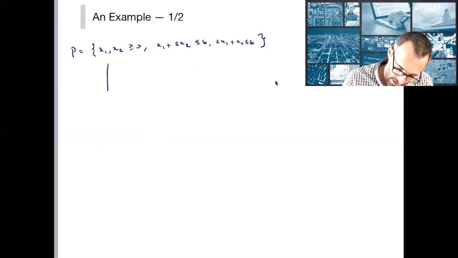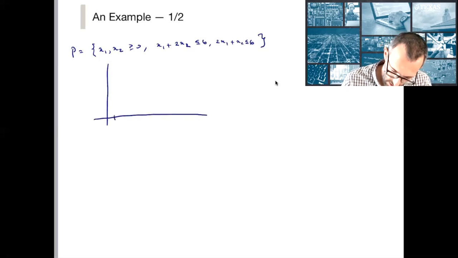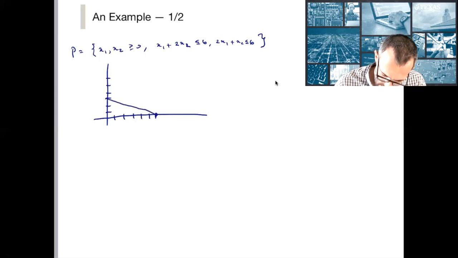And just drawing this out again, this is 1, 2, 3, 4, 5, 6, 2, 3, 4, 5, 6. It goes through the points from (6, 0) to (3, 0) and (0, 6) to this. So it is this polytope.